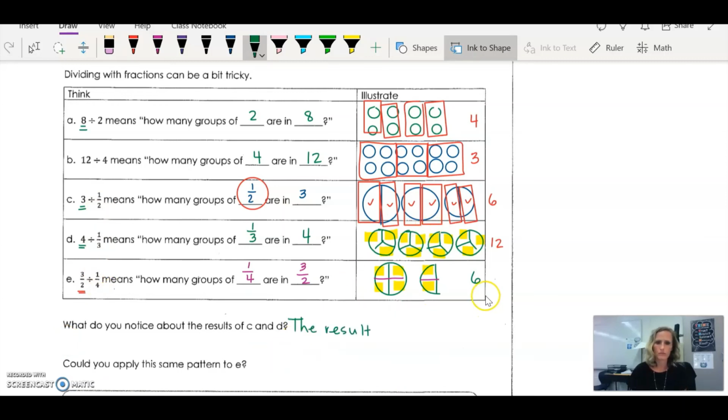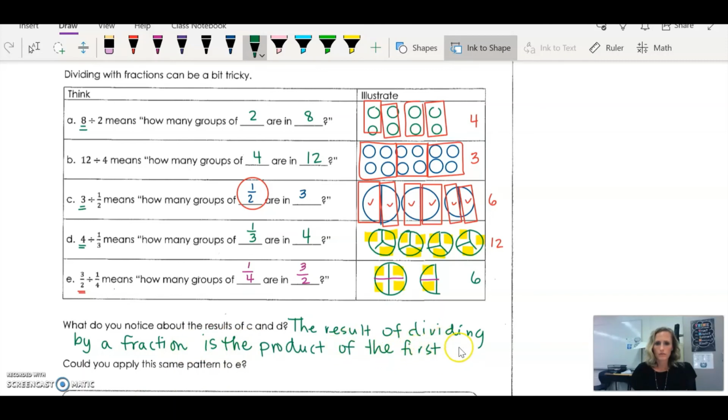So the result of dividing by a fraction is the product of the first number and the denominator of the second. So if we took the front number 3 and we multiplied it by 2, we would get 6 in the same manner. Now this takes into account only if the numerator of the fraction is 1.